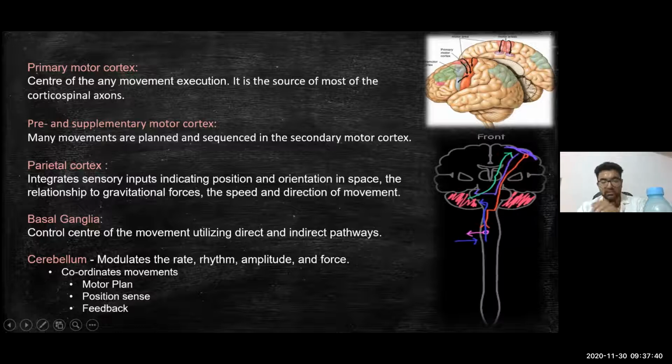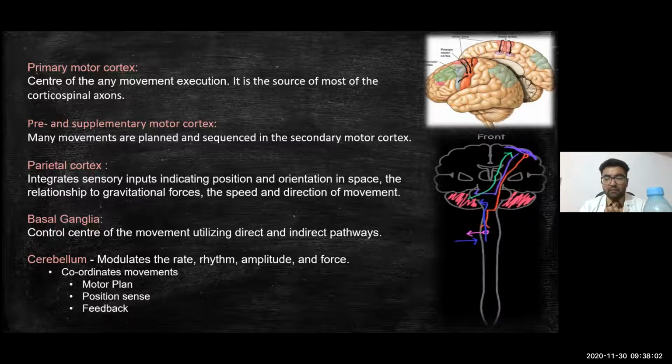So basically the cerebellum has both pieces of information: what movement has been planned by the motor cortex and what is going on in the periphery. And it just compares both to check whether everything is going right or not.